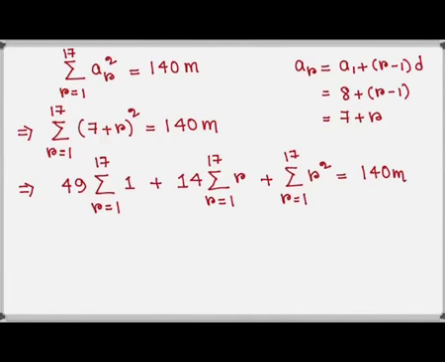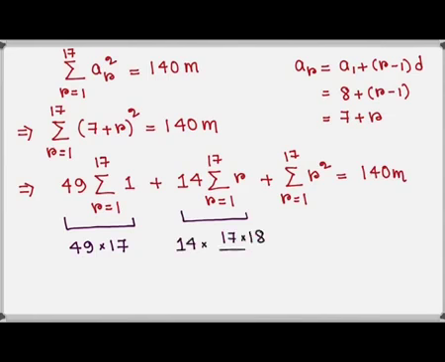Therefore we have from this part 49 into 17, from this part we have 14 into 17 into 18 divided by 2. From this part we have 17 into 18 into 35 divided by 6.